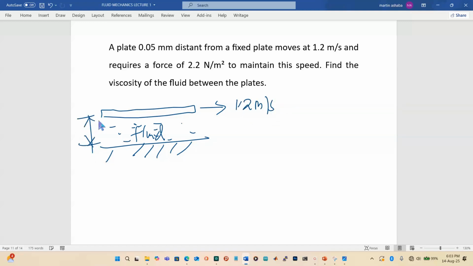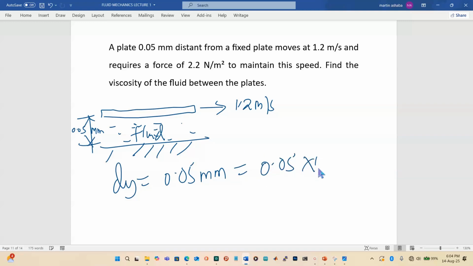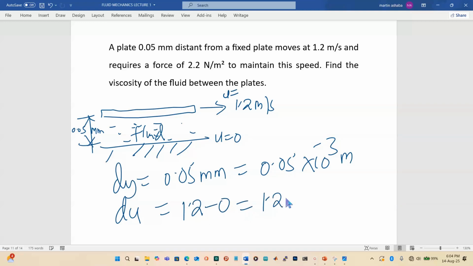The distance in between them is 0.05 millimeters. So dy is equal to 0.05 millimeters, and this is 0.05 times 10 power negative 3 meters. What about du? The change in velocity is, at u equal to 0, this is at u equal to that. So that will be 1.2 minus 0. This gives us 1.2 meters per second.